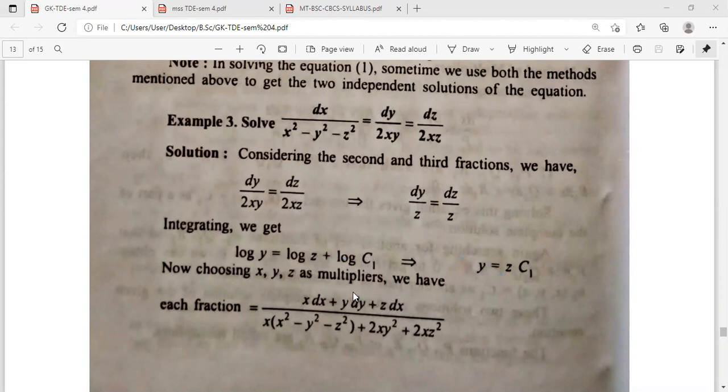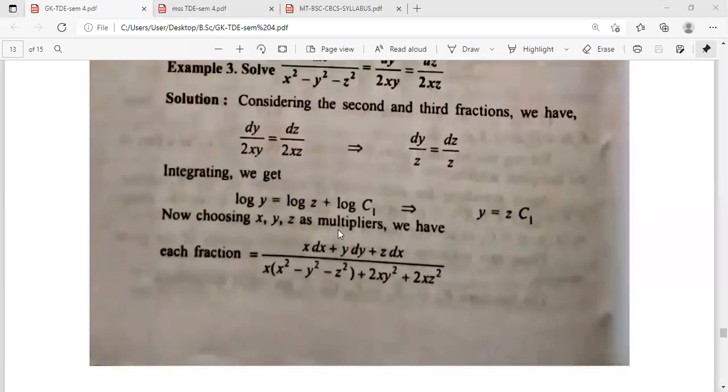Now, the next one. What method have you adopted here? The 2x gets cancelled here, and we are getting the remaining y, z, dy, dz. That means you are using the method of grouping. Now you use the second one: to get the second solution, you apply the method of a set of multipliers.